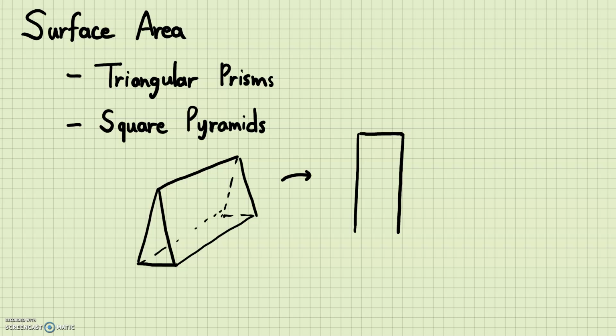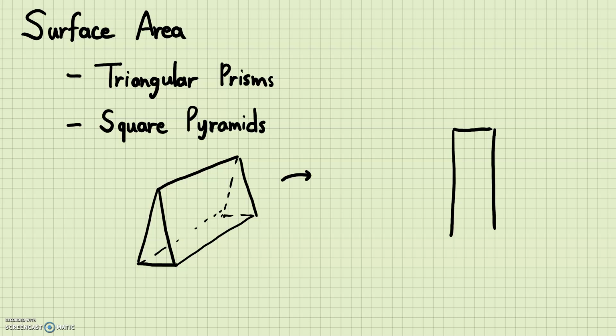To draw the net image, we have the central rectangle. I'm going to use the color red. That's our base rectangle. We have two triangles on both ends, on this side and on this side. These two triangles are equal.